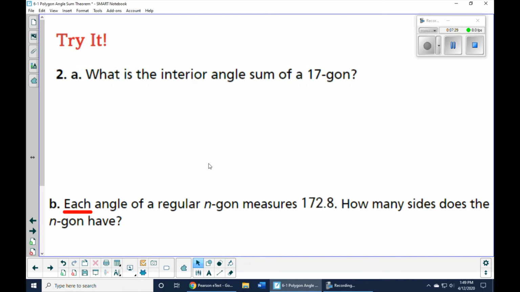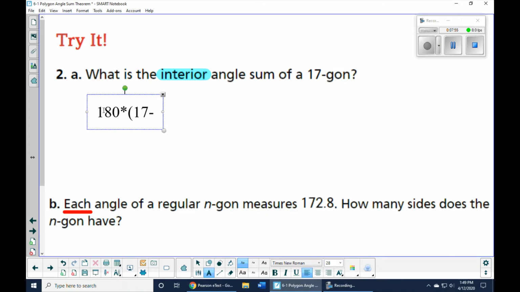So, let's do a couple of examples. What is the interior angle sum of a 17-gon? A 17-gon, holy smokes, that'd be crazy. Well, first of all, interior, that's a key word, interior angle. That's the stuff we were just talking about. That's not 360. Exterior is 360. For interior, we want 180 times 17 minus 2, because a 17-gon has 17 sides.